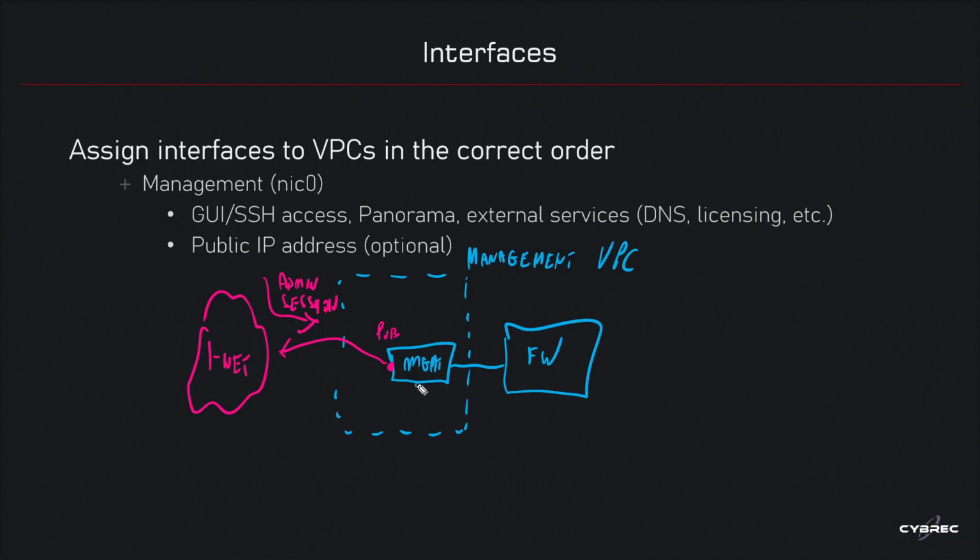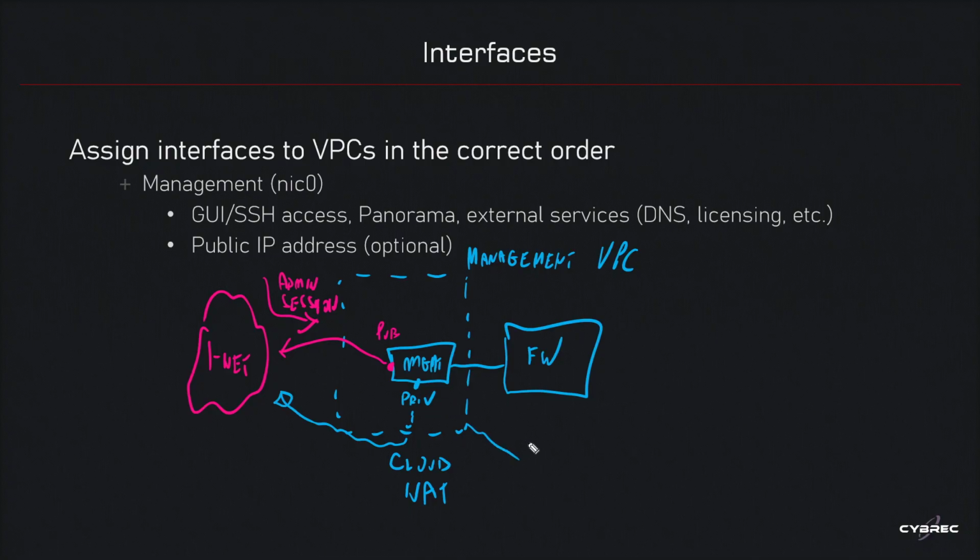Versus if I go for the private interface, if I want to go out, I want to use Cloud NAT on the Google side to change this private to public.